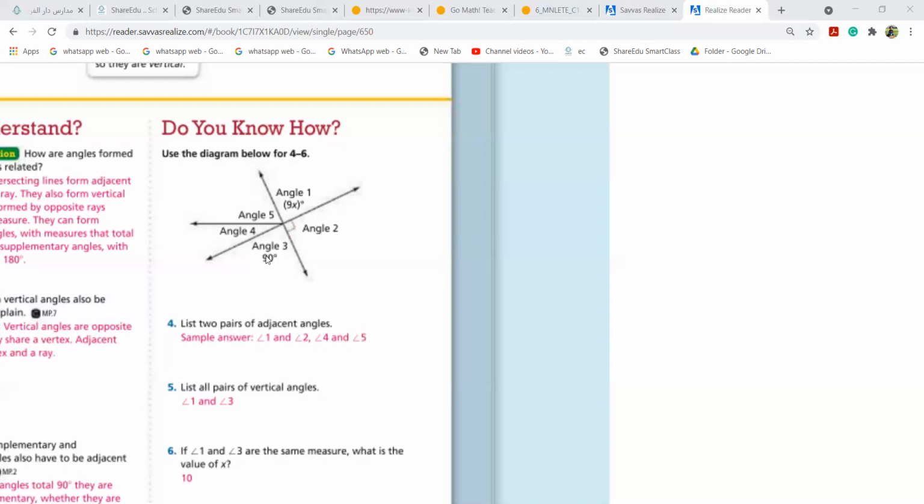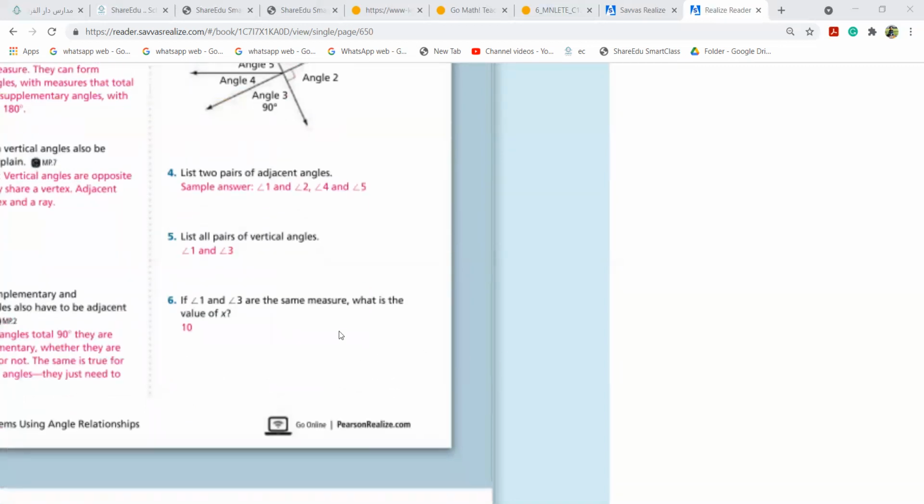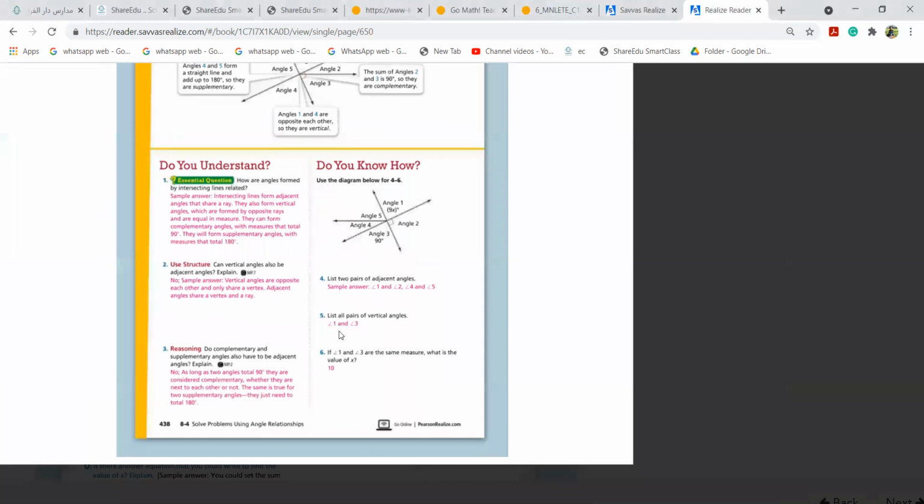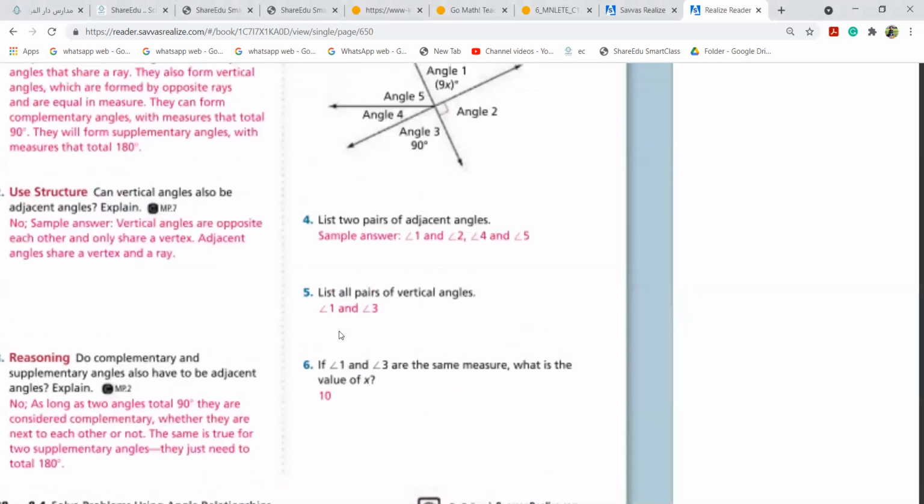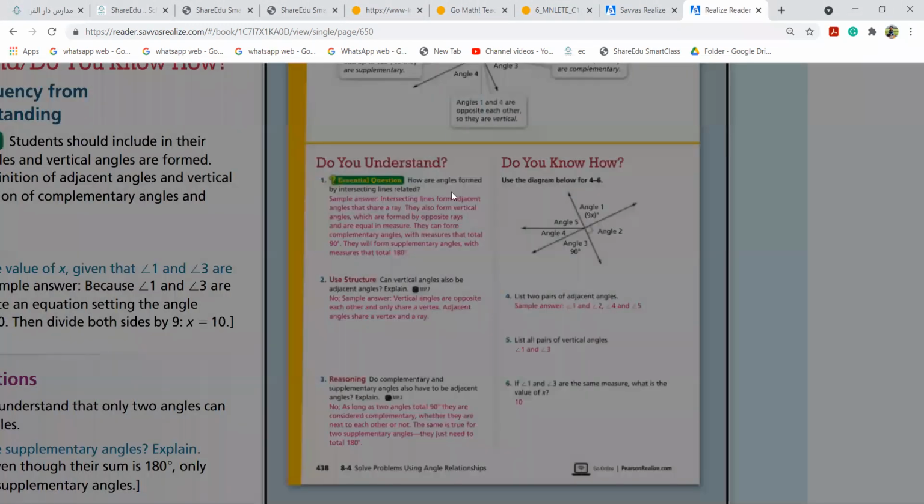So 1 and 3 are the same measure. Yes, 1 and 3 are same, as I told you, vertical angles are same. 9x equals 90 degrees.